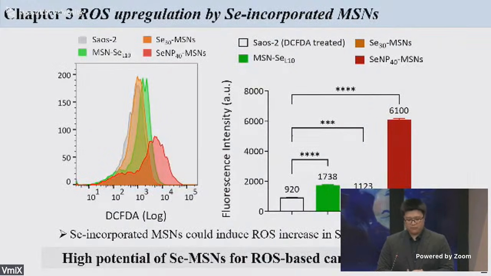Further, we confirmed that this selenium MSN could induce a ROS increase in osteosarcoma cells. This indicates the high potential of such selenium MSN to inhibit cancer cell growth by ROS upregulation.